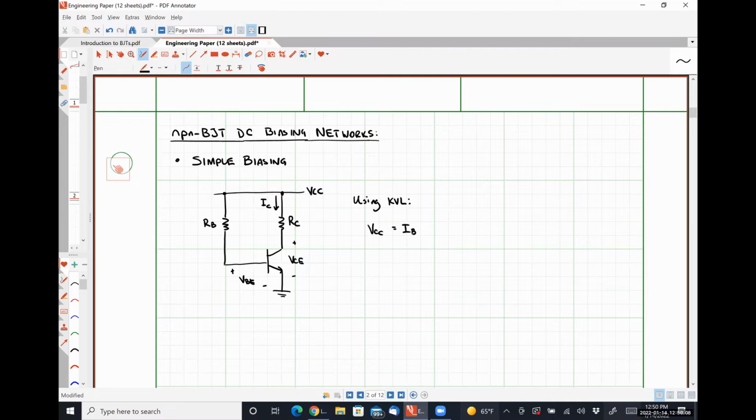So I'm going to go ahead and label that guy real quick, this is our base current IB, multiplied by RB plus the quantity VBE. Everybody okay with that? Anything wild or crazy?